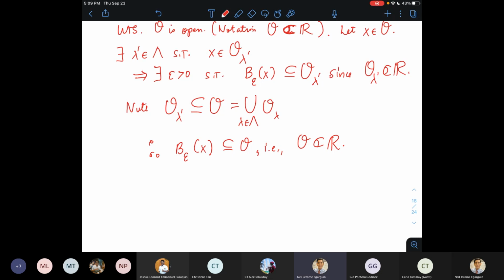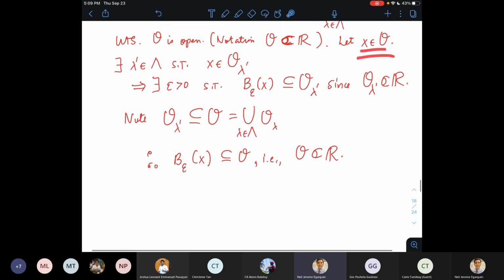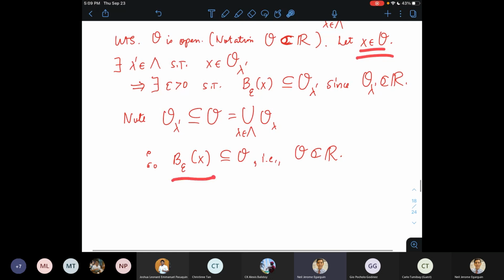Okay? Kasi napakita na natin na pag kumuha ako ng kahit anong arbitrary element ni O, lagi ako may mahanap na epsilon neighborhood centered at X, radius epsilon, such that it is properly contained in the set O. Okay? So the gist of the argument is using the fact that a set is a subset of a union that includes itself.